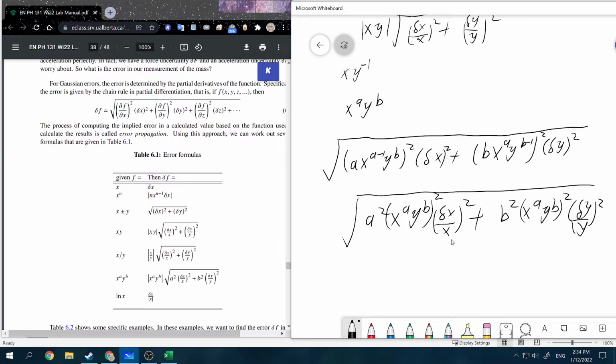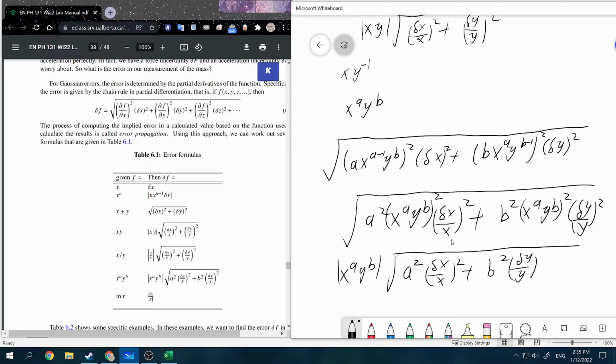And then you cannot pull out a and b, but you can pull the x to the power a and y to the power b out, and then everything: a squared δx divided by x squared plus b squared δy divided by y. So like that, and that's how you get that one.